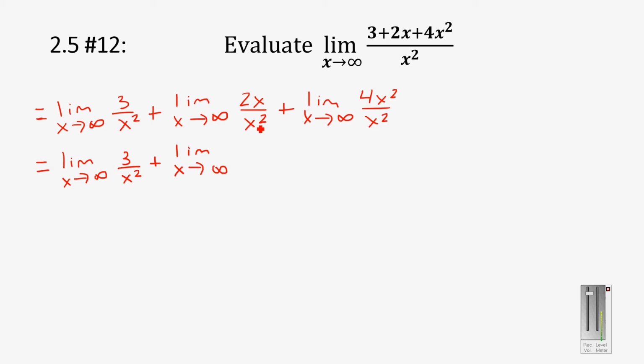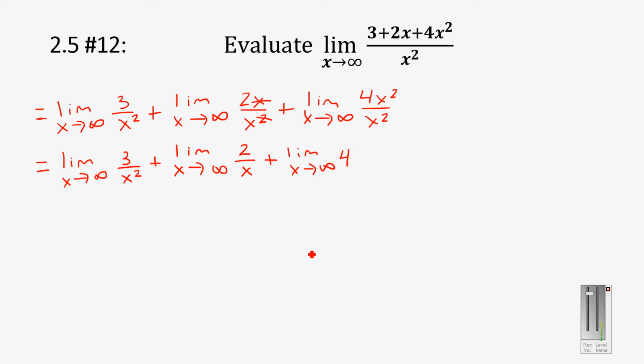We have an x in the bottom and an x in the top, so we get rid of one of the x's and it just becomes 2 over x, plus the limit as x goes to infinity of x squared over x squared, which is just 1, so 4.